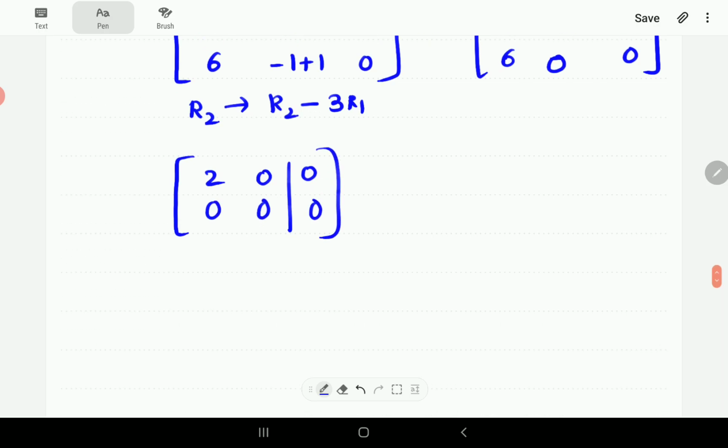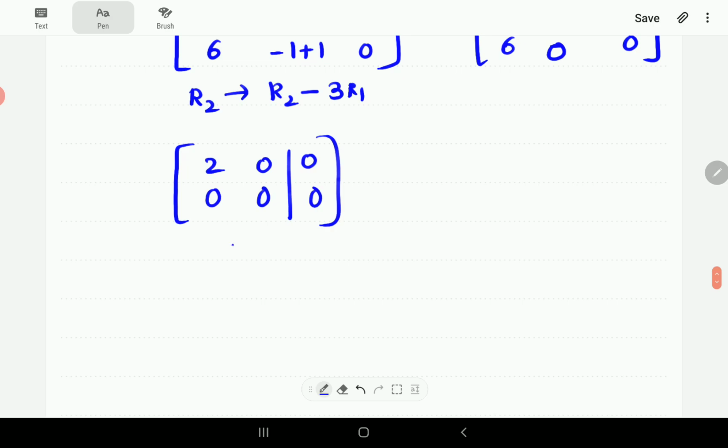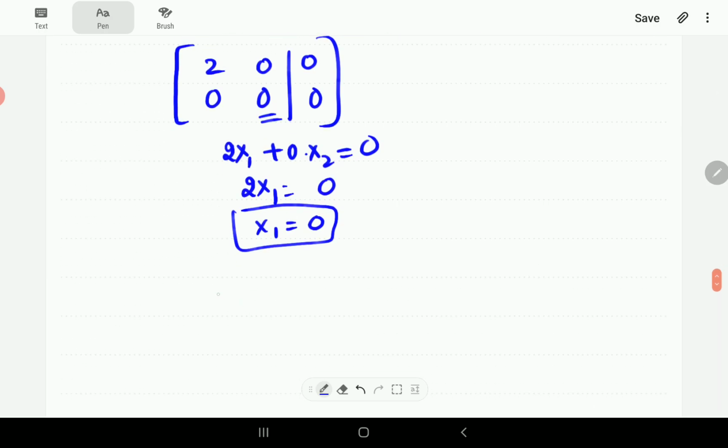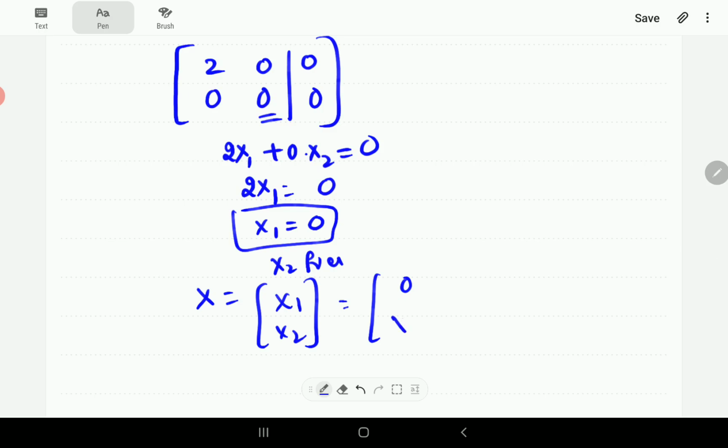So here we can write 2x1 plus 0 times x2 equals 0. Since x2 is free, 2x1 equals 0, and this gives x1 equals 0, and x2 is a free variable. So x is (x1, x2); x1 is 0, and x2 is x2.